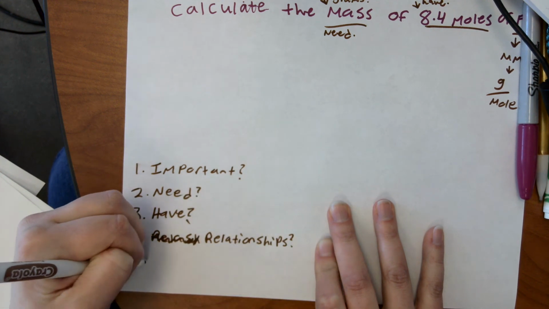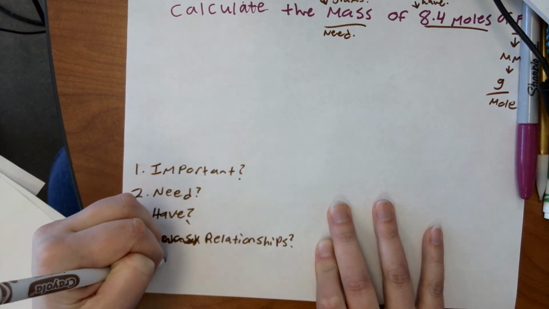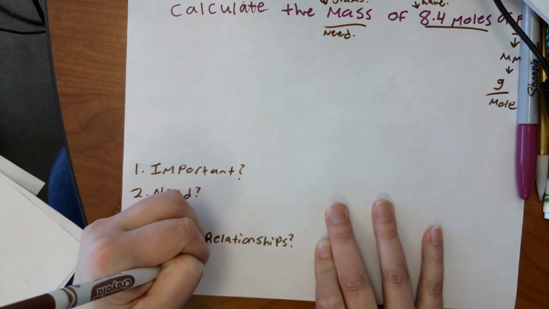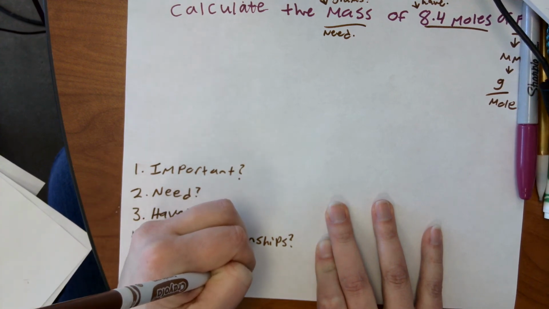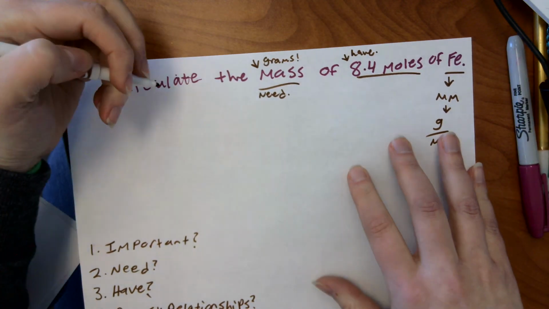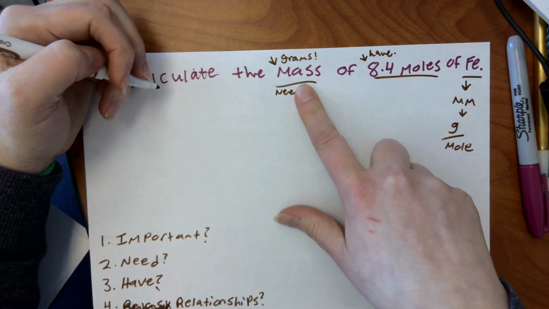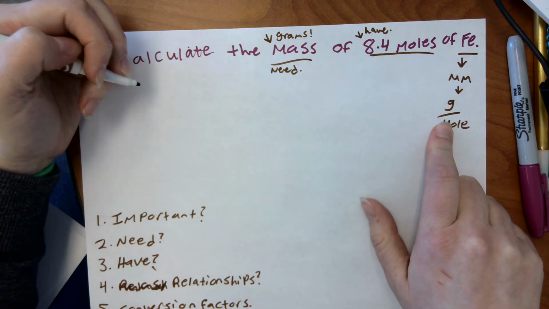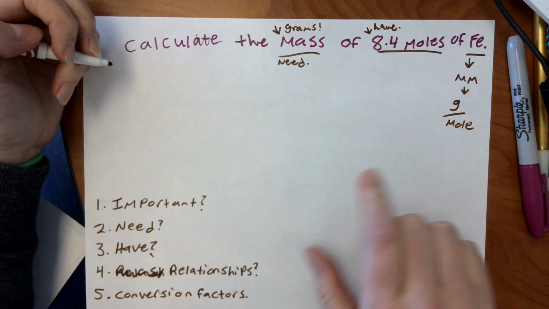Five, conversion factors. Well, we know it talks about mass. We need to find it. We talked about iron having a mass.